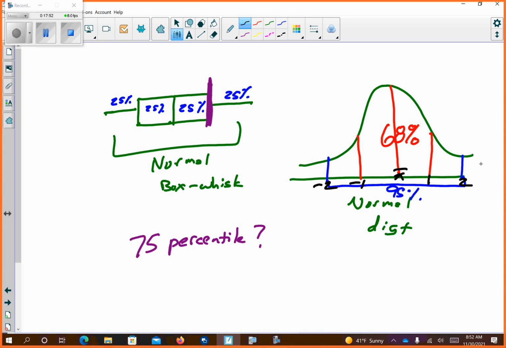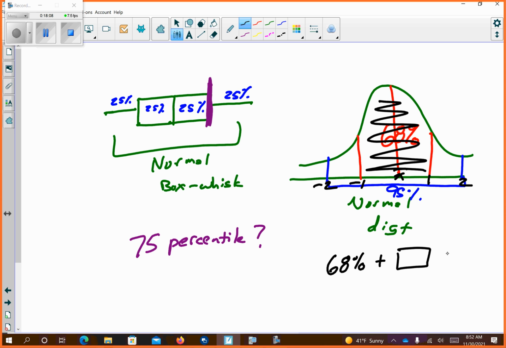Where do you feel, just by looking at this, 75% would exist? Would you be okay if I included this region here? Because that's 68%, right? So now I just need to figure out what I would need to add to it to get to 75%. But I'm not going to add to the right as well.